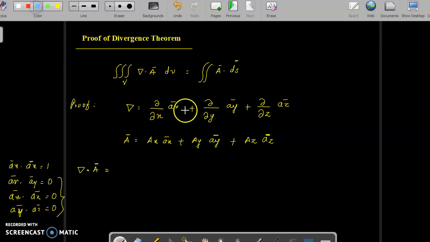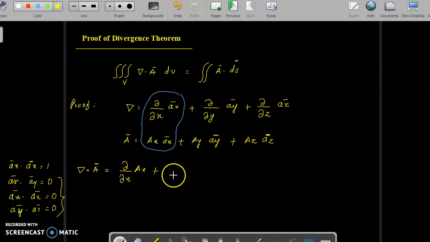That means you can multiply only these terms together. This will give you a scalar, that is, partial of Ax with respect to x plus, similarly, the partial derivative of Ay plus the partial derivative of the Az component.